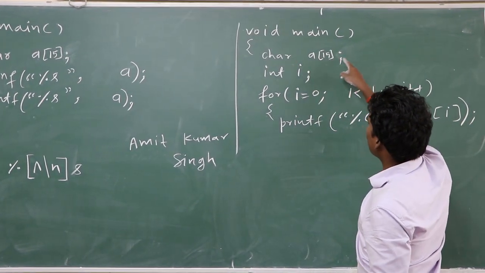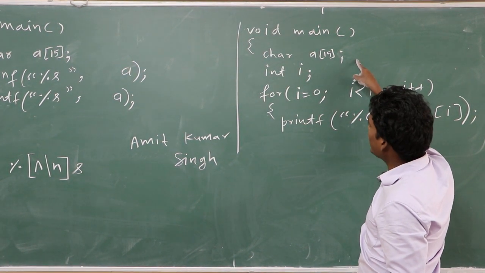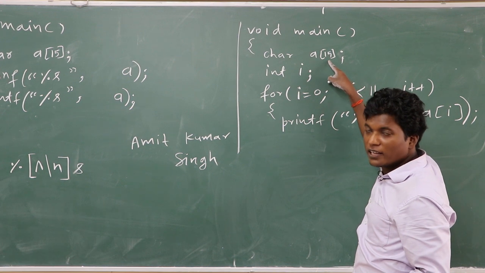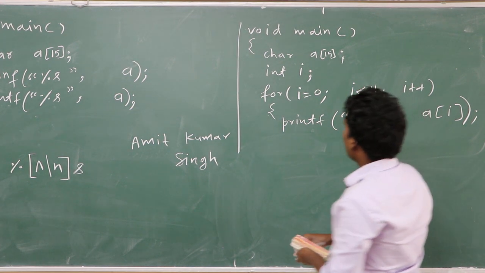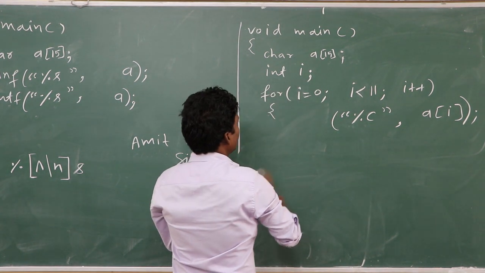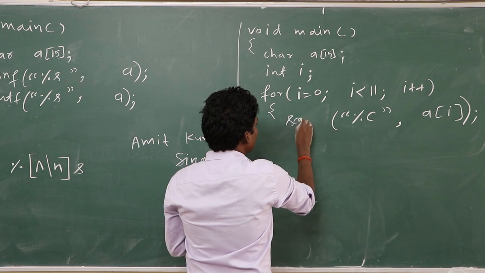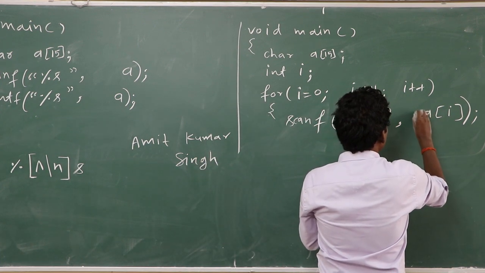Here we just declare the string, not initialize. So we have to take this string either by initialization or by the scanf function. So here we write scanf, and here we write %.